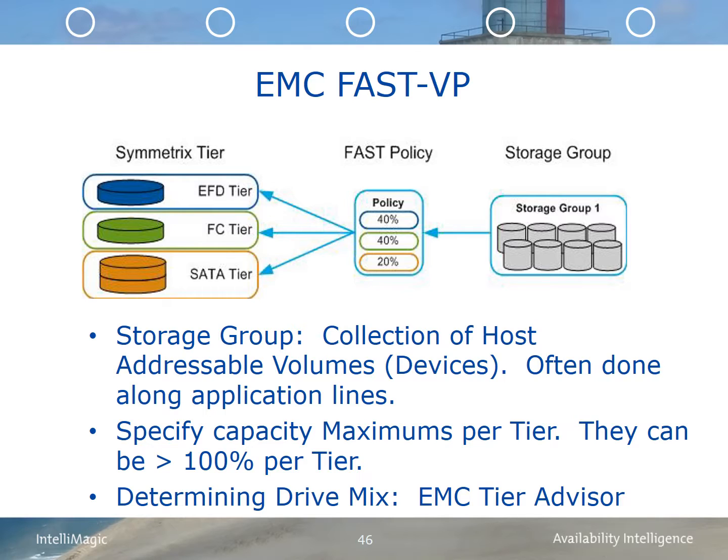So you could have a policy with 3 different options in it, flash, fiber channel, and SATA, and say 100% for each. And what will happen in that case is that the Fast VP will decide what it needs to do without regard to capacity. So it will try to put the right blocks of data on the right tier. That's the default, or the best practice would be to set it up with 100% for each and then let it go.